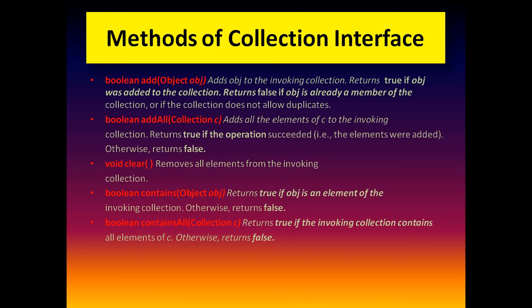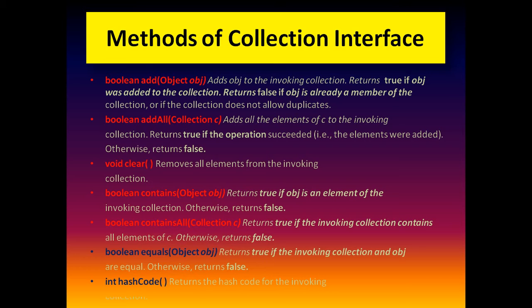And then equals method, it takes one object parameter. It checks whether both the invoking collection and the parameter object are equal. And then hash code, it returns the hash code of the invoking collection.